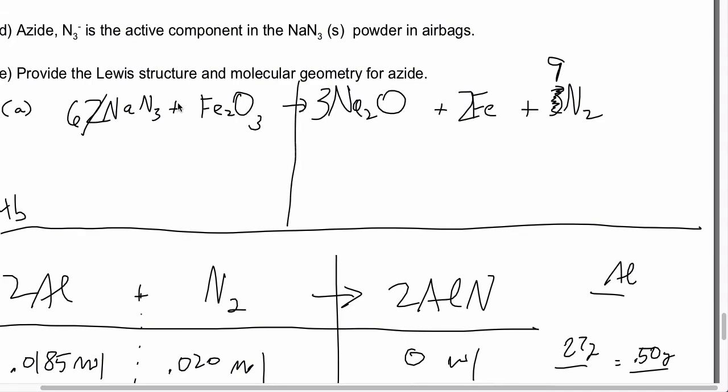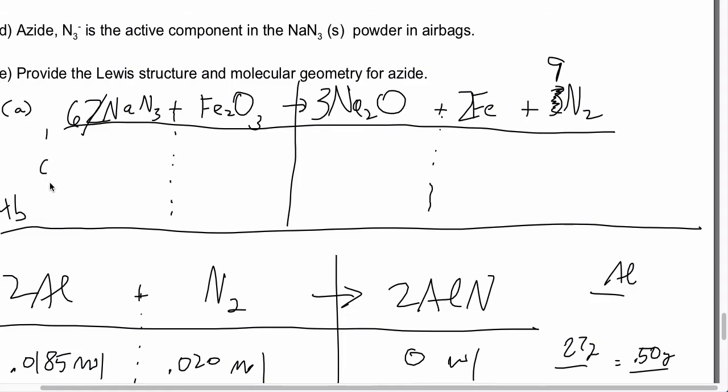Okay. So let's go ahead and just set up this ICE table because I know that's going to happen. Anytime you have a reaction with numbers, we're going to do some cooking. Okay. So this is 0, 0, 0 plus 3x plus 2x plus 9x.